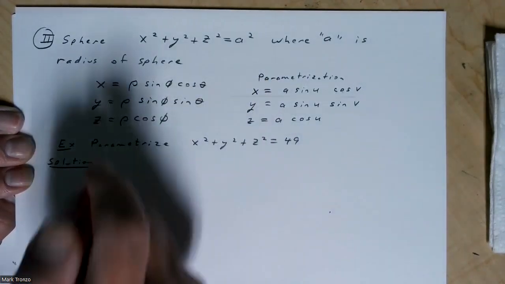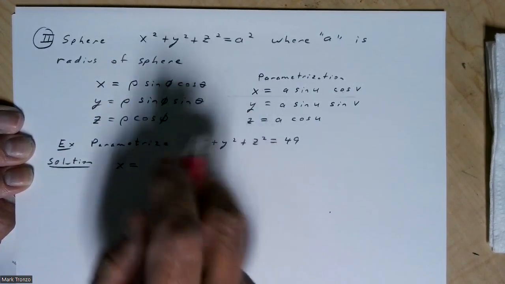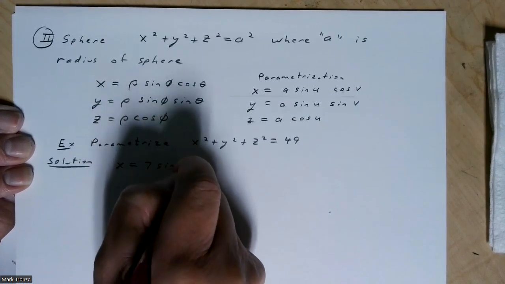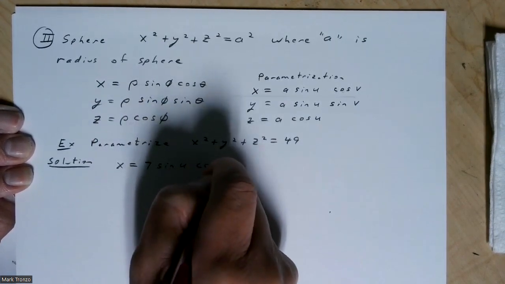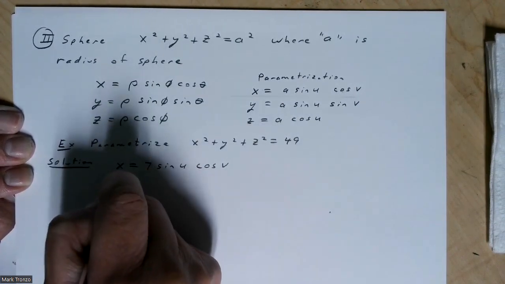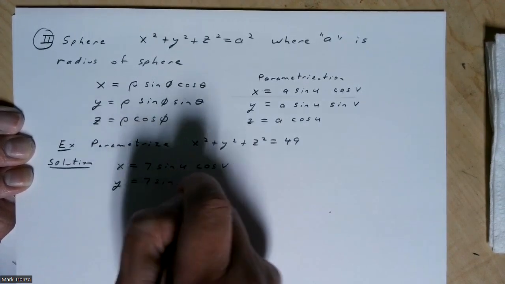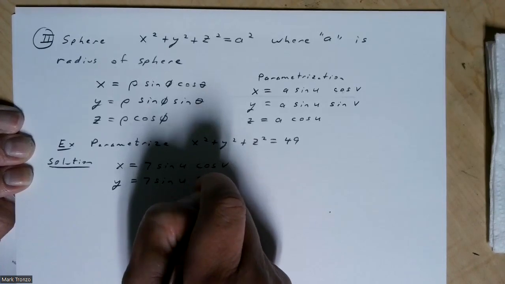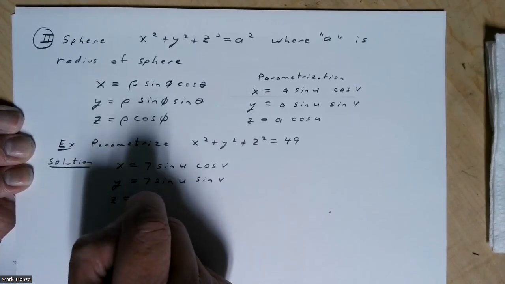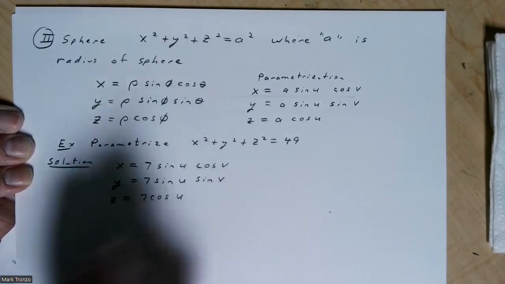Again, we'll use this form over here, where the radius is going to be 7. x is 7 sine u cos v, y is 7 sine u sine v, and z is 7 cos u.